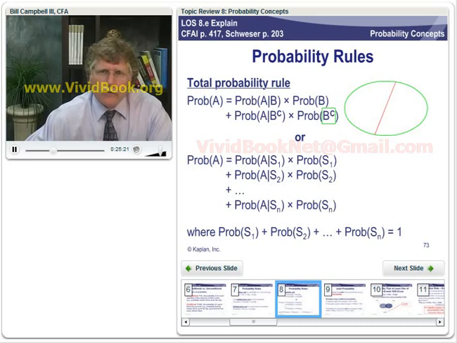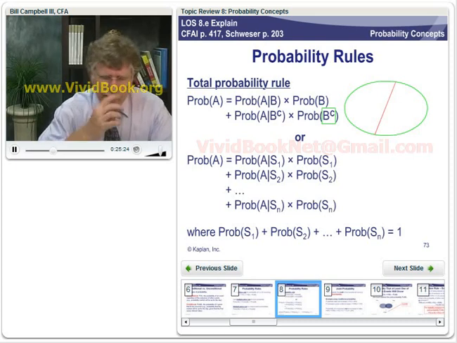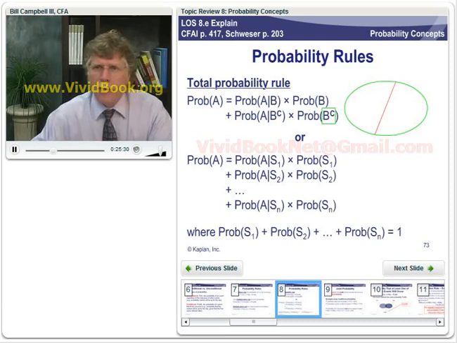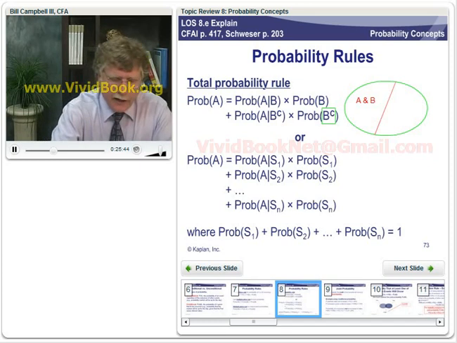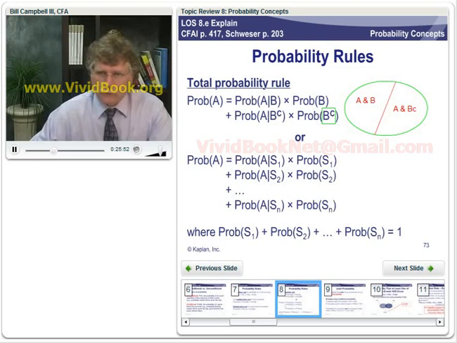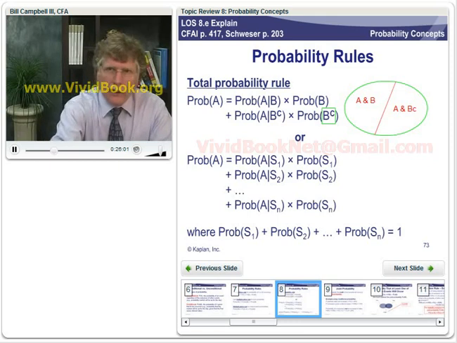On the left we have A and B. And on the right, we have A and B. I can't write it as a superscript, so I'll write it as a subscript. A and B complement. And this whole green oval is my A.